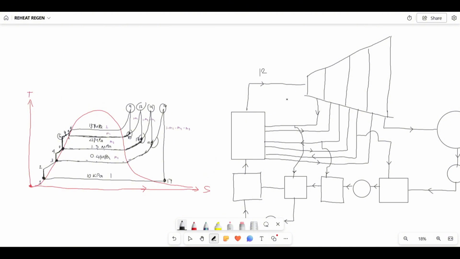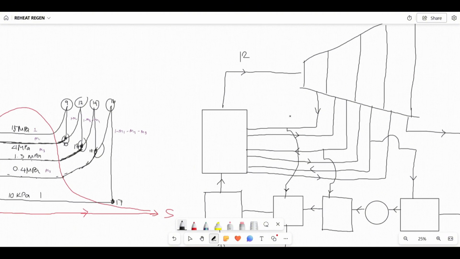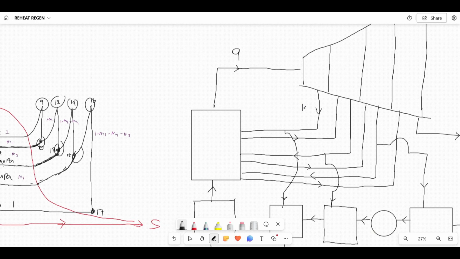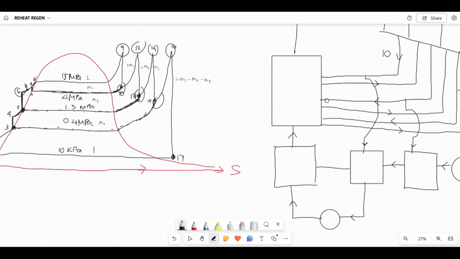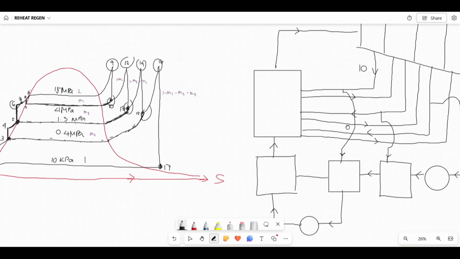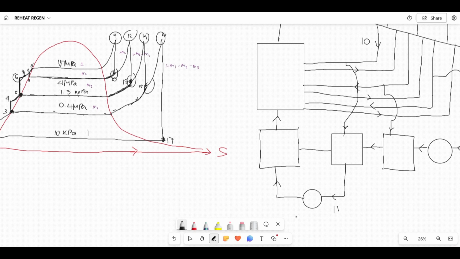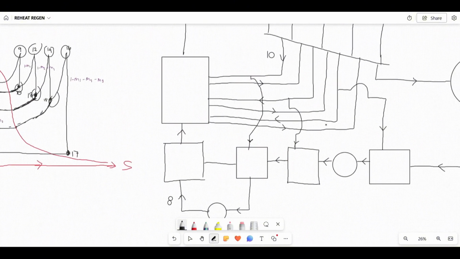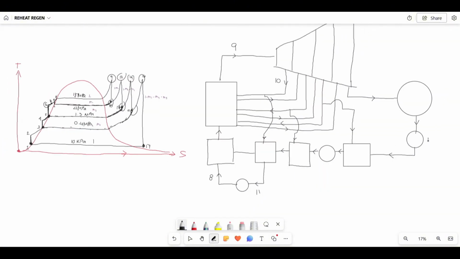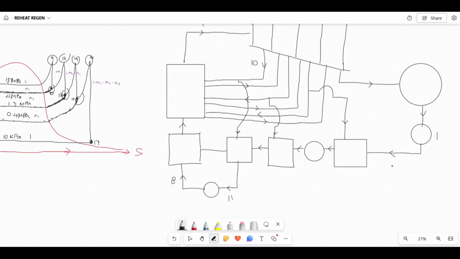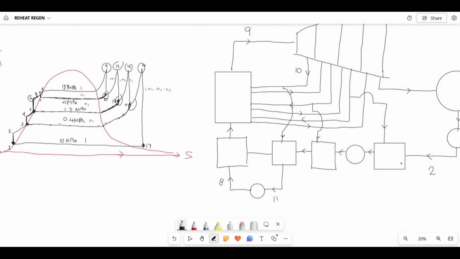This is 12. This is 9. This is 10. And this is 11. This is 8. This is 1. This is 2. 3 is the output.